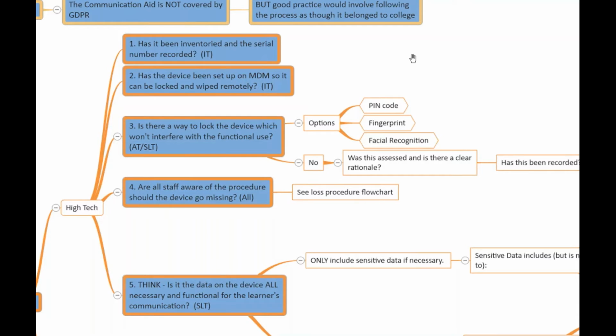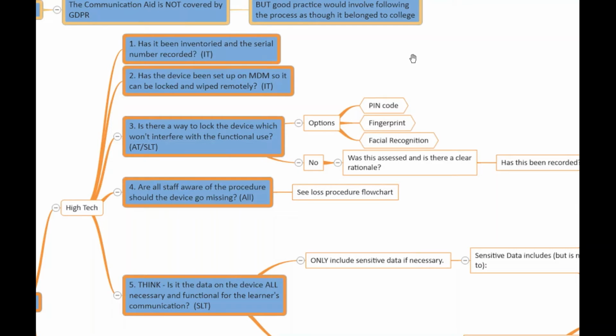So that's question 2, and we're making sure all that background work is done before this thing even gets in the hands of the person who's going to use it. So thirdly, is there a way to lock the device, i.e. put a lock on the device, or screen lock, that won't interfere with its functional use?